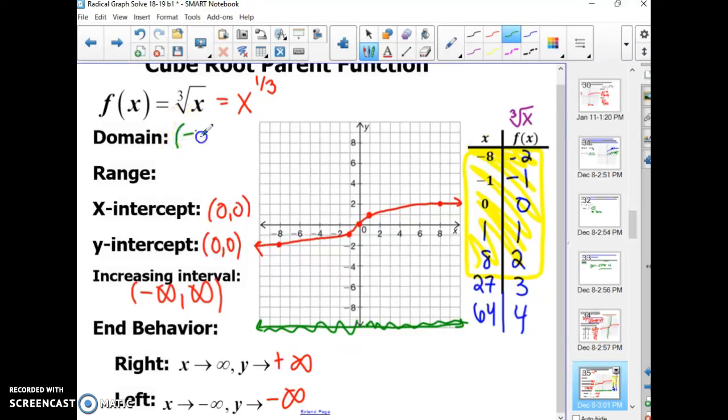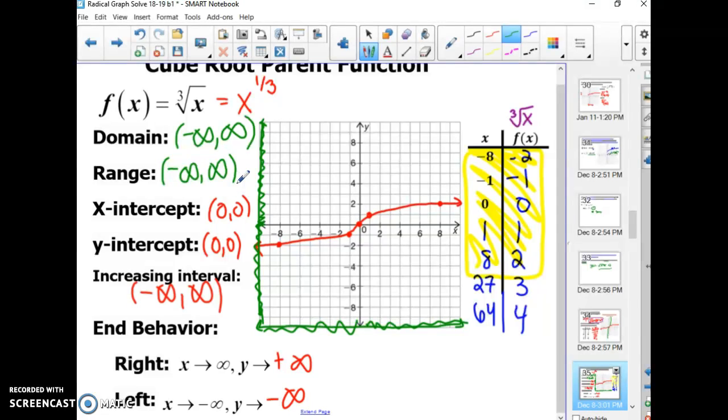So my domain is from negative infinity to positive infinity. My y values, if I look over here, are headed all the way up to positive infinity, and are also going all the way down to negative infinity. So my range is negative infinity to positive infinity. Both of those are the same.